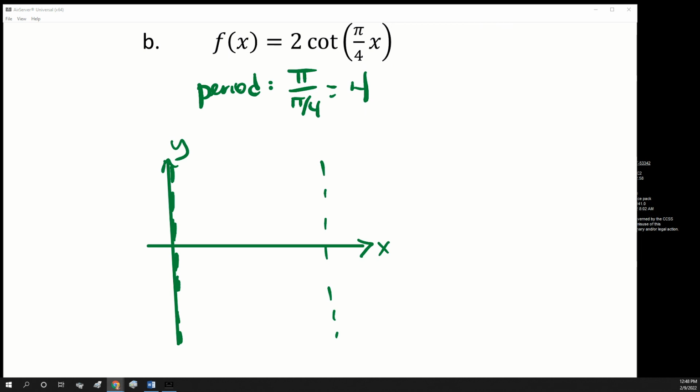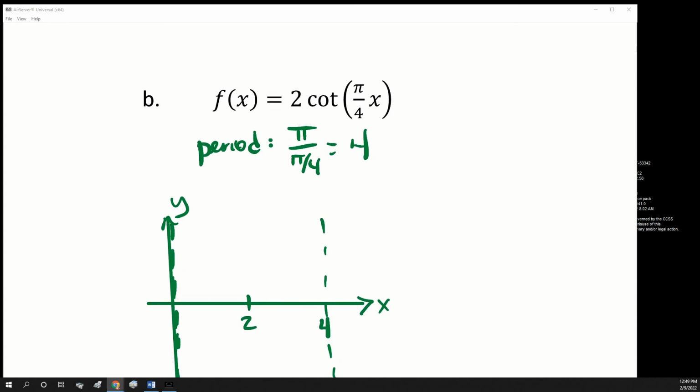So we're going to fit 1 period of cotangent in between those 2 asymptotes. What does the width of these need to be? Right. So this needs to be a 4. Right. And then we just need to know one more thing. They're going to cross right in the middle of those 2, which is going to be 2.